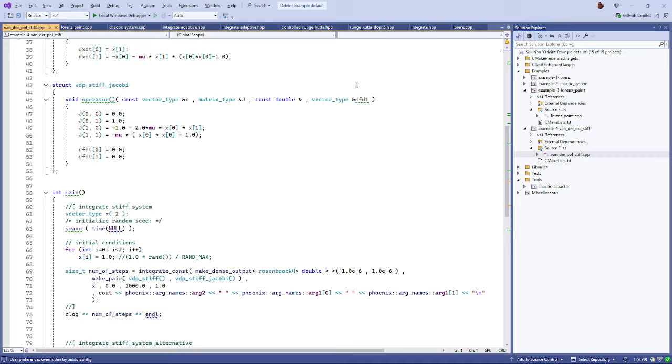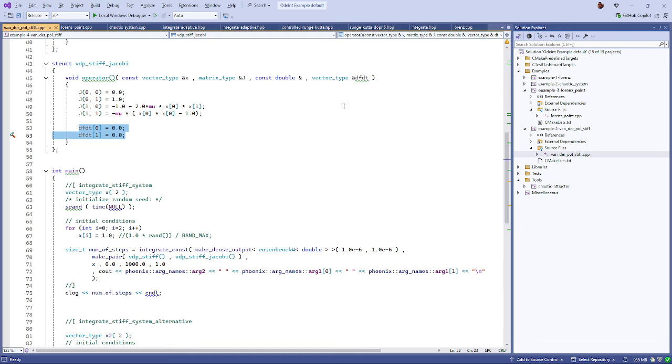So when we are writing our function call operator to be used here, we're formulating the Jacobian matrix and this df/dt. Again, the third argument here is the time parameter, which in this case isn't used.